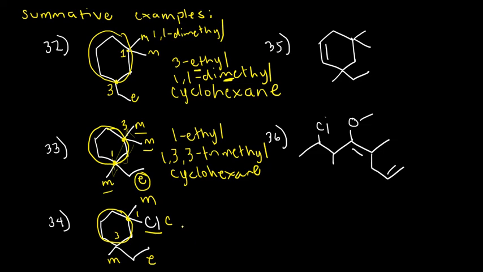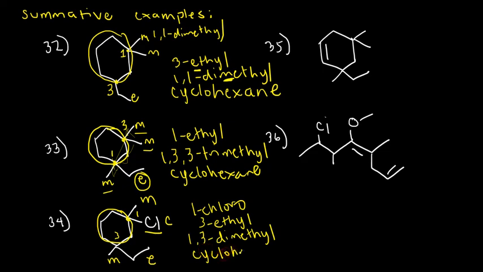So now how do I write that? You first write the chloro, then the ethyl, then the methyls. It will be like 1-chloro-3-ethyl-1,3-dimethylcyclohexane. So I hope you're getting the hang of the rules, both in assigning the locants and writing the entire thing.